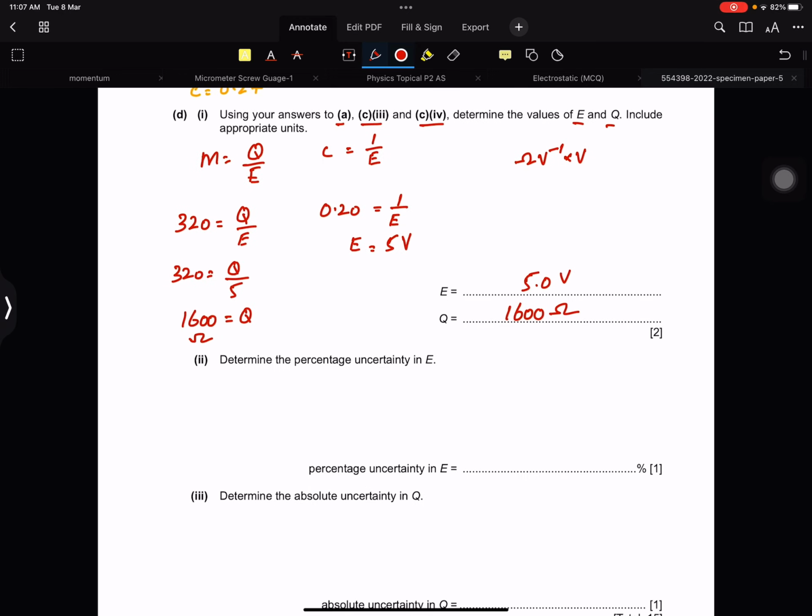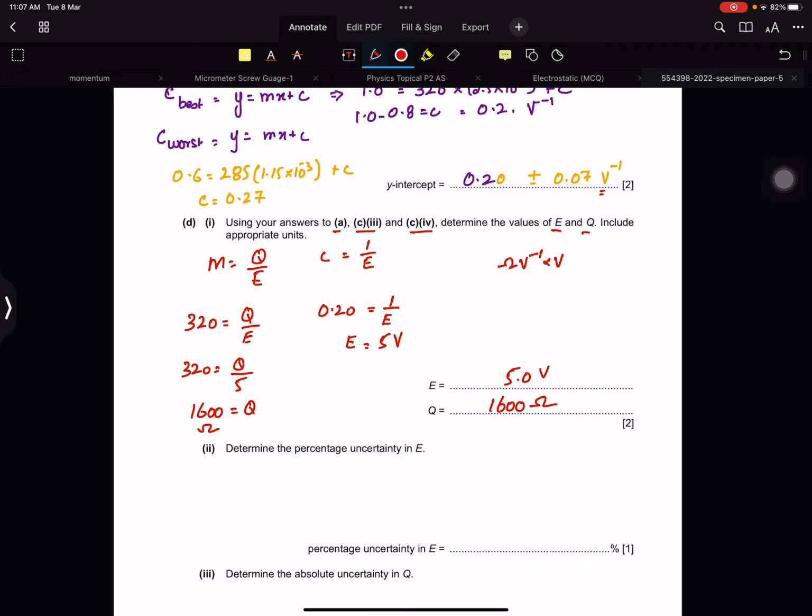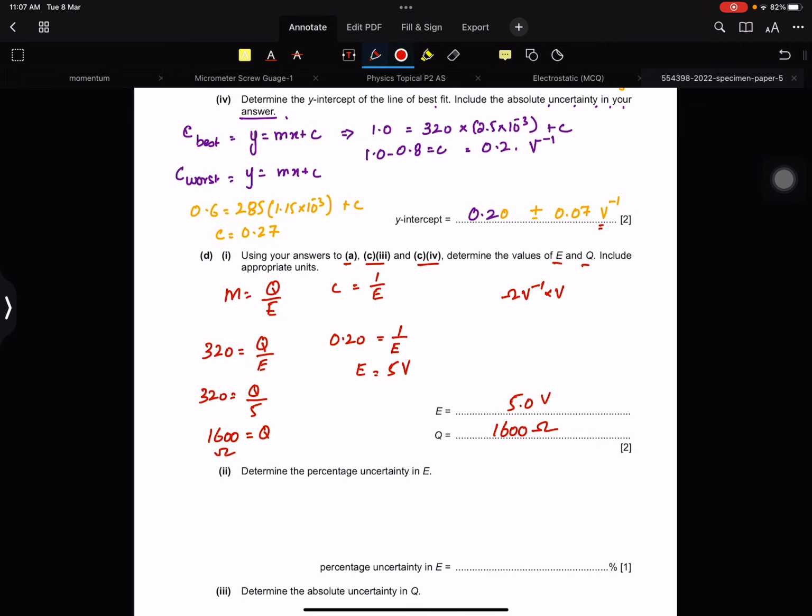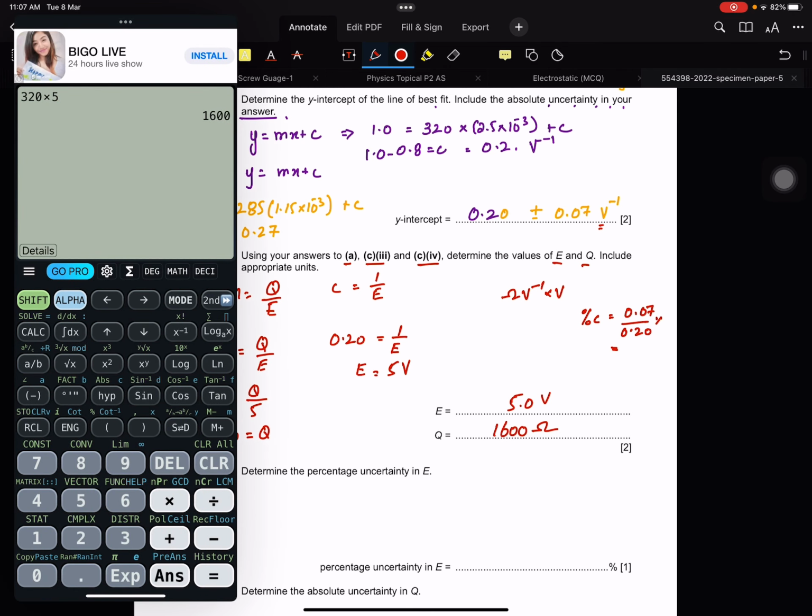Then it says determine the percentage uncertainty in this, so that's pretty easy. To find E, we have to find the intercept, right? So how do we do this? Please understand this. The percentage uncertainty in C was 0.07 divided by 0.20. So I'm going to find the percentage first, multiply by 100%.